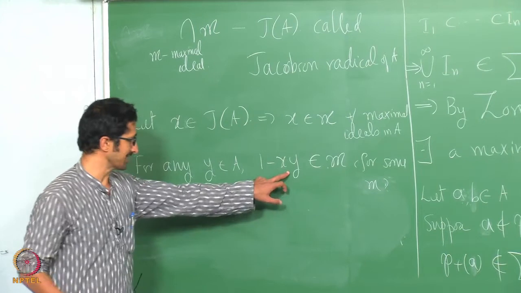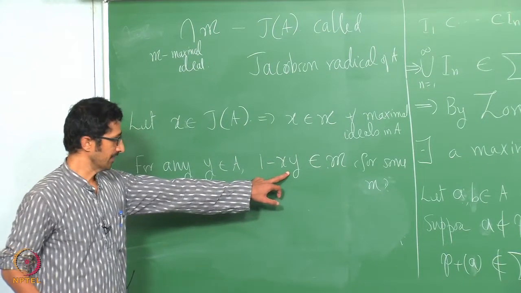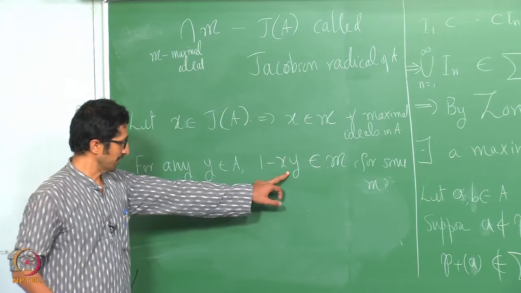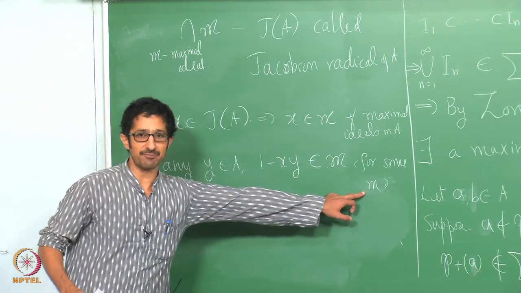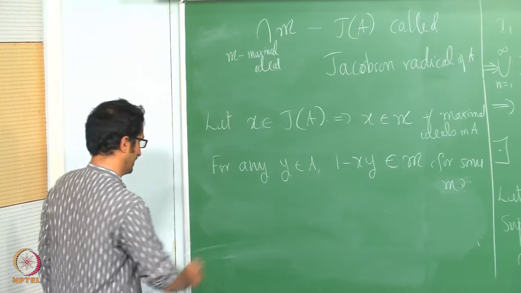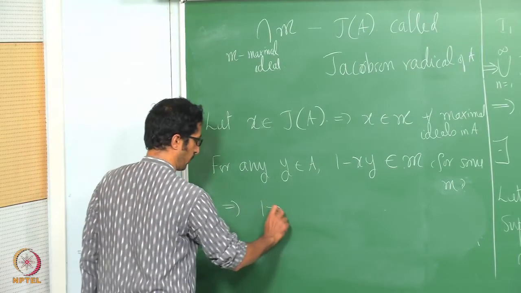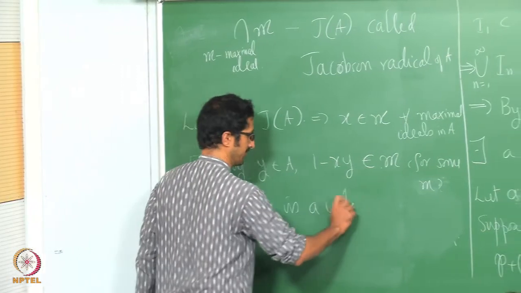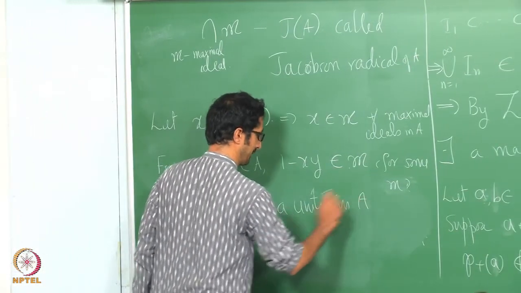Because x belongs to M, xy belongs to M. Therefore, this cannot belong to M for any M. So, this implies that 1 minus xy is a unit in A.